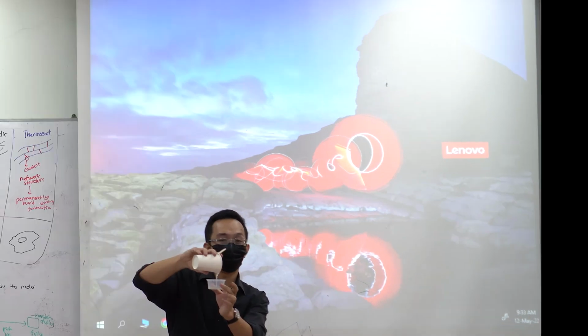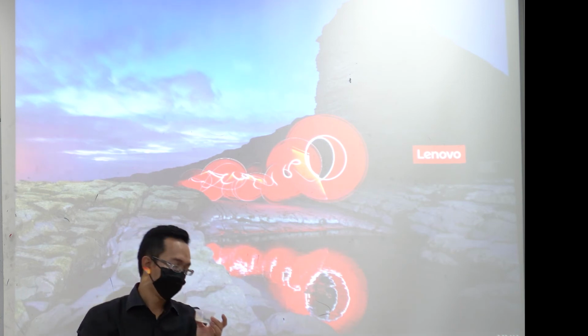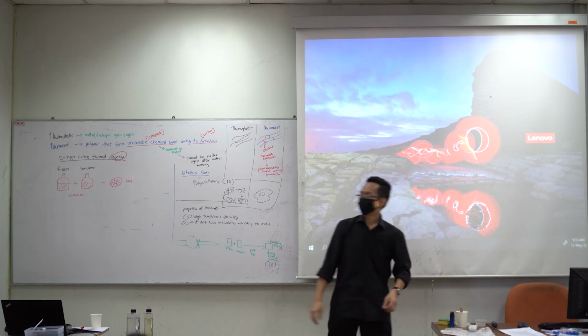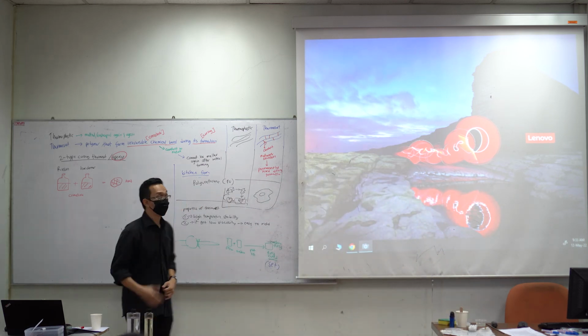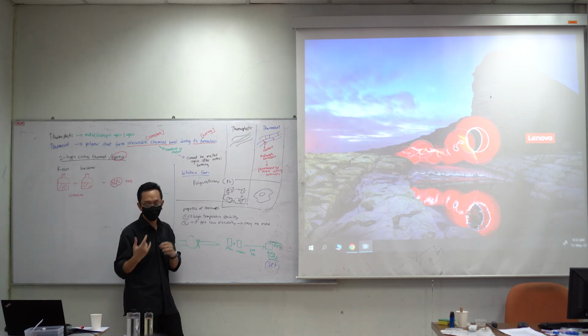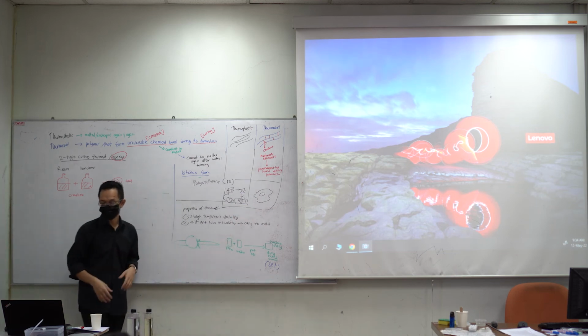This is less viscous, so it can assume the shape easily. But if something is very viscous like honey, it's very difficult. Another advantage of Thermoset is that it typically starts as a liquid, and because the liquid has low viscosity, it's easy to put into the mold.